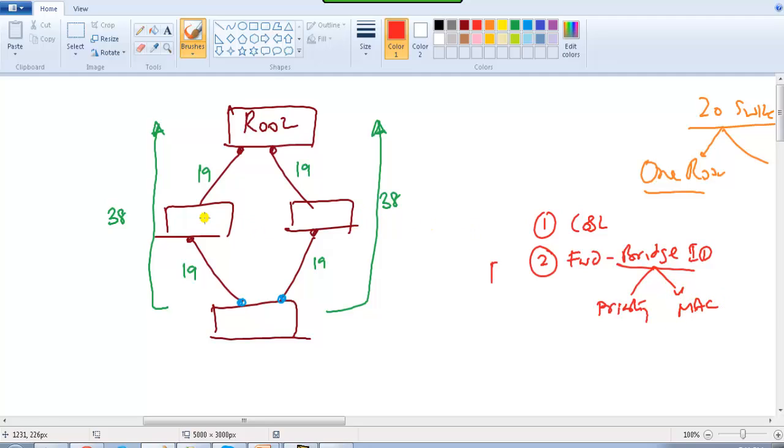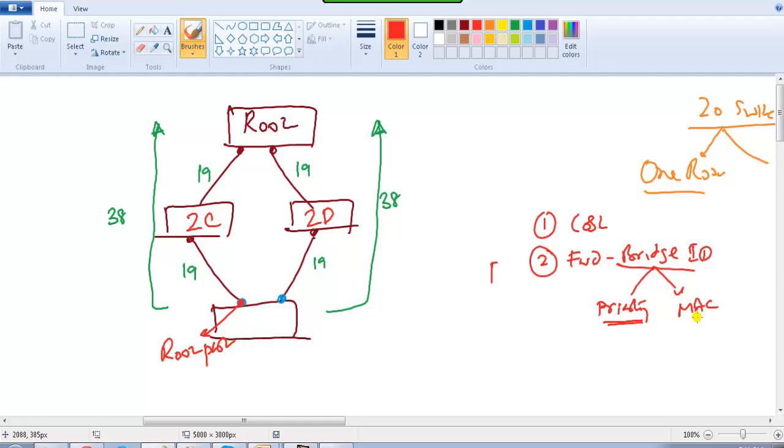If I assume the MAC address of these two devices is 2C and 2D, and the priority value is the same, then the tiebreaker will be the MAC address. The MAC address 2C is less than 2D, so the least will win, and this port will be considered as the root port. So that will be the next condition it is going to see: the forwarding device MAC address. So this is my root port.